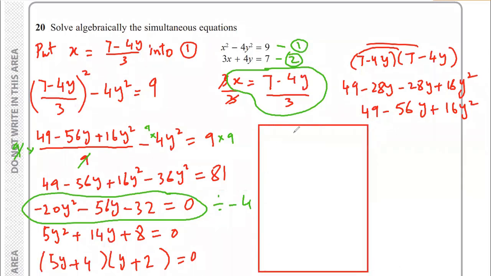And these values of y will be either 5y plus 4 equals 0, or y plus 2 equals 0. So basically, one value of y will be y is equal to minus 4 over 5, or the other value will be y is equal to minus 2.